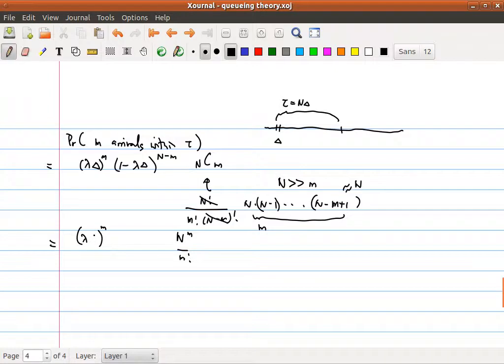So all of this delta becomes tau over n, and the other factor is 1 minus lambda tau over n, to the power n minus m.